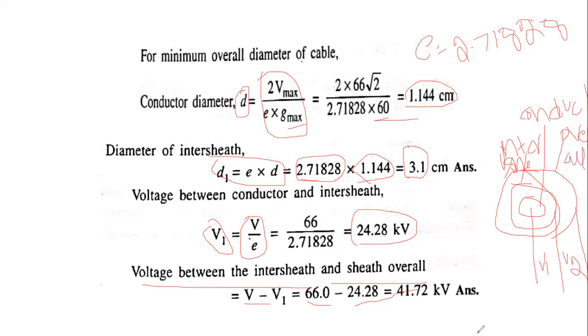Therefore V1 is the conductor and inter sheath voltage, and V2.